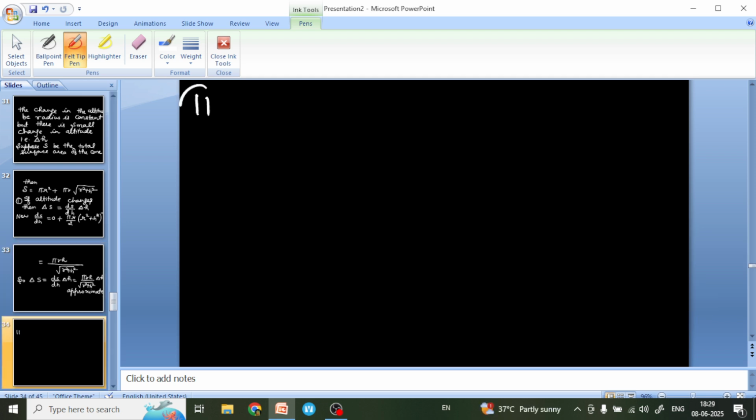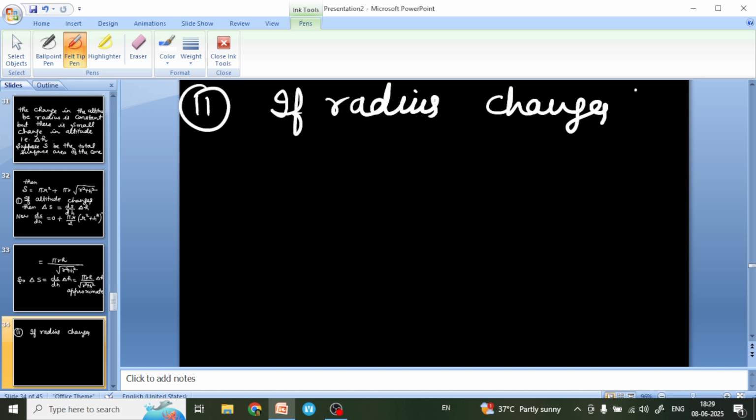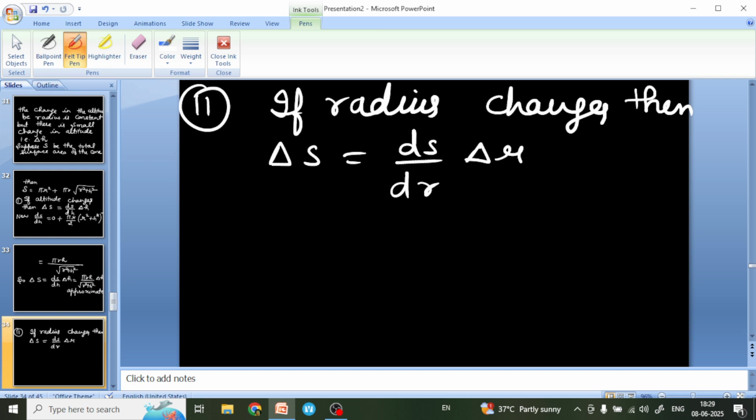And according to second point, if radius changes, then delta S is equal to dS over dr delta r.